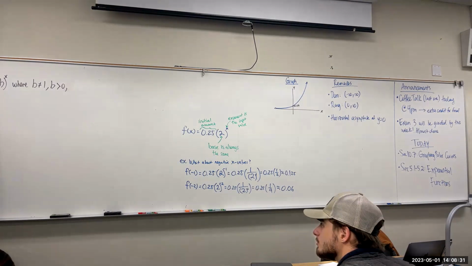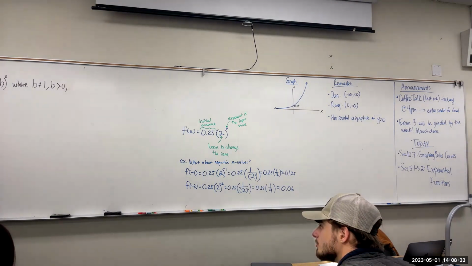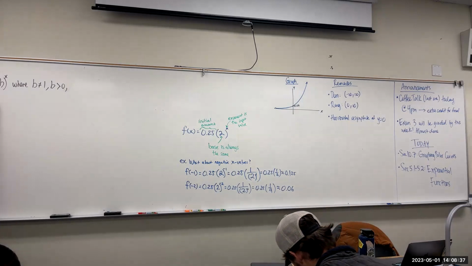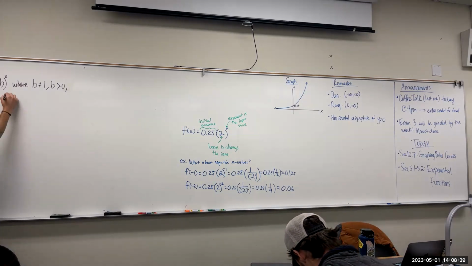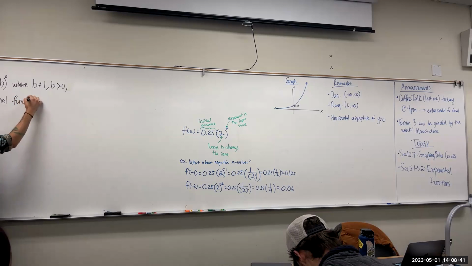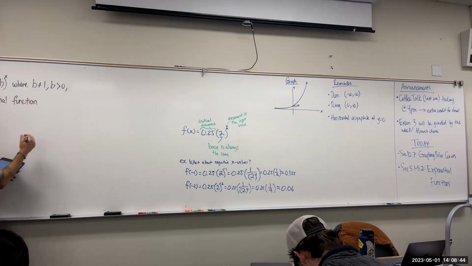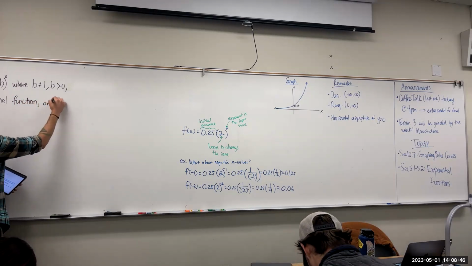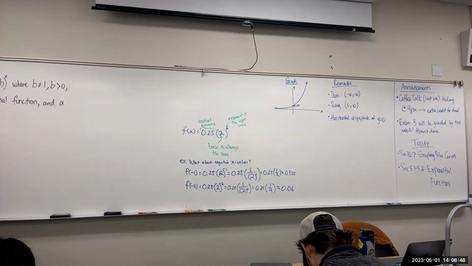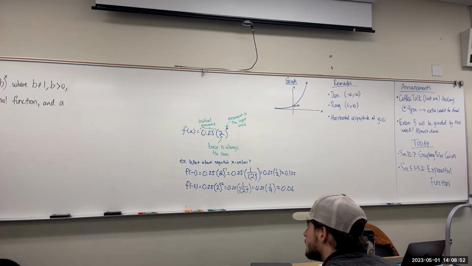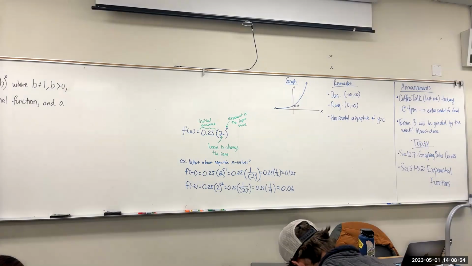So a function of that form is called an exponential function. And a is its initial amount, or I think the textbook says initial value.